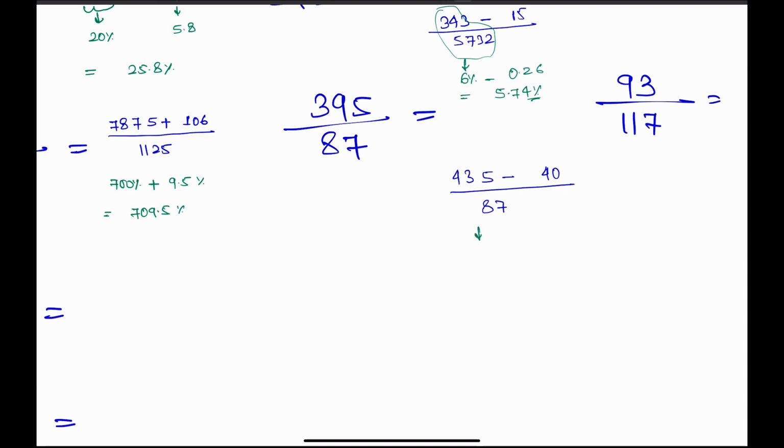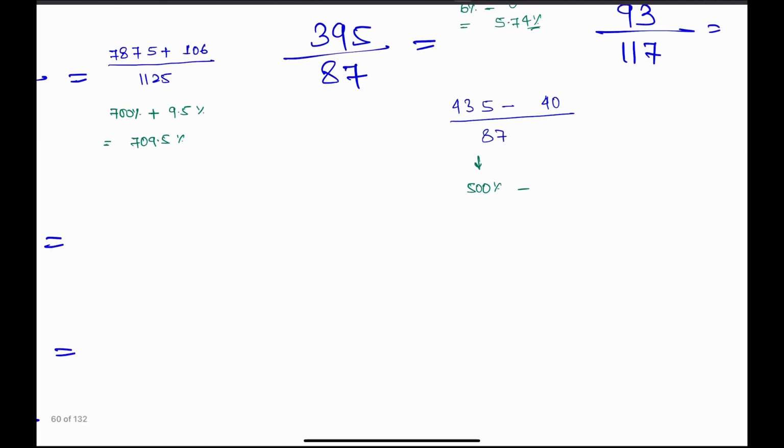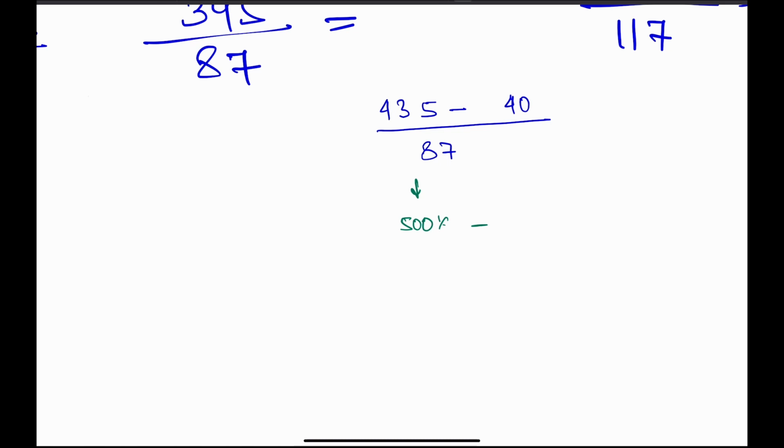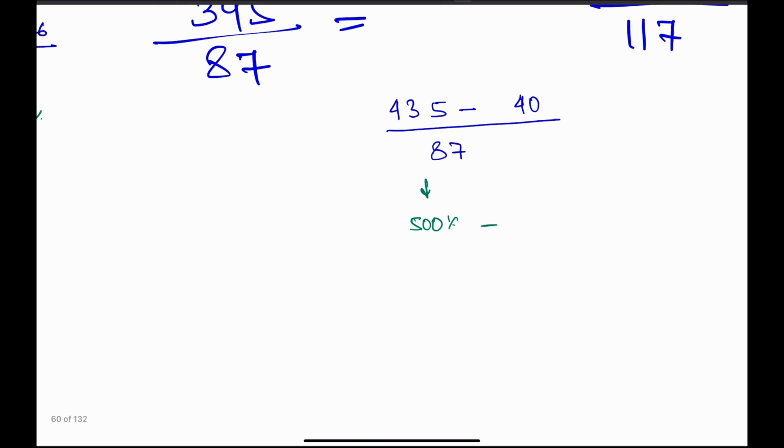We know that this one is 500% minus 40 by 87, so kind of half, but if I take 8 as 10%, if my 10% is 8.7, then 40% will be 34.8.